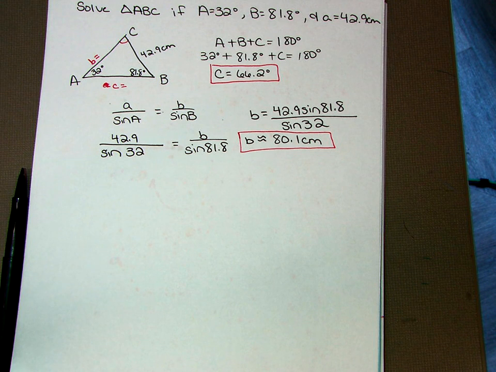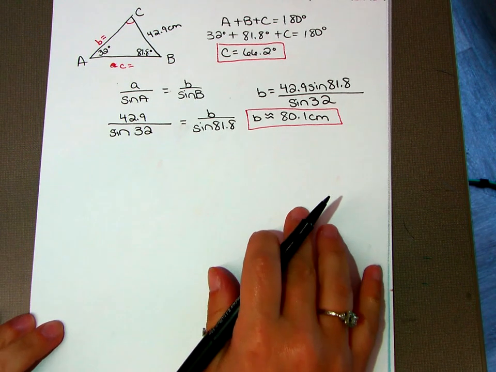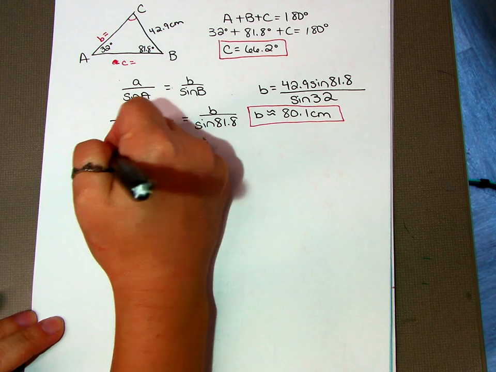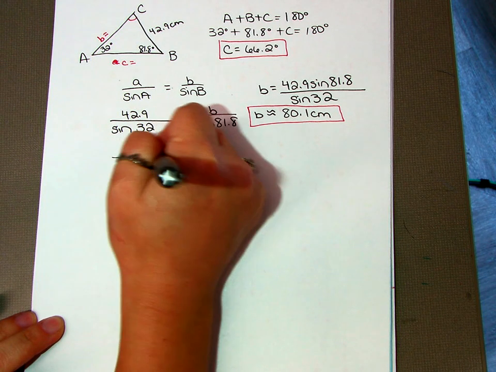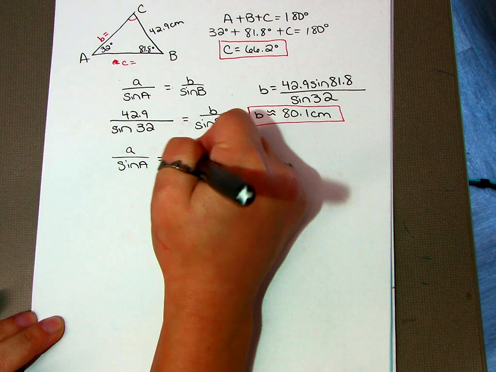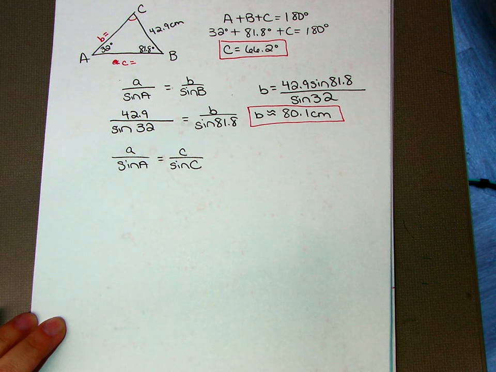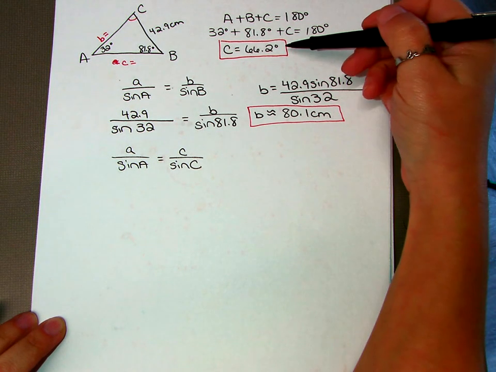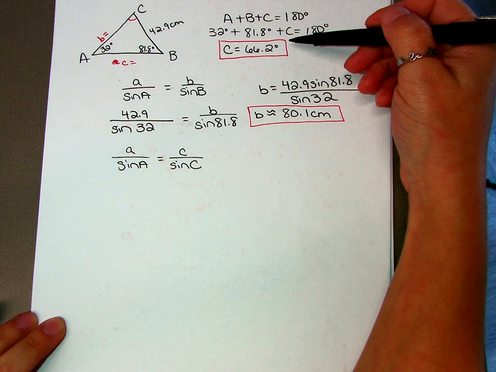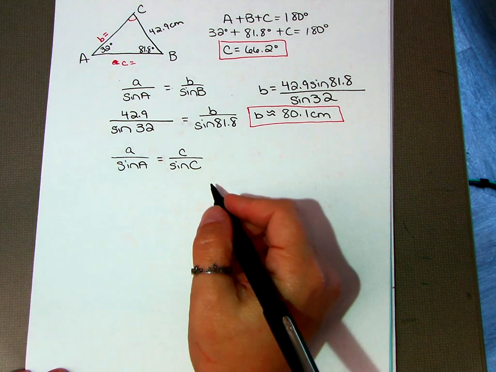So now we do almost the exact same process, but we're going to do it with C. Because we can use the A over sine A equals C over sine C. We found angle C just a few minutes ago as 66.2, so the only part we would be missing in that would be our lower case c, the actual side length.